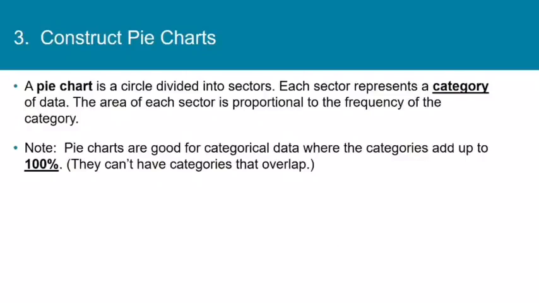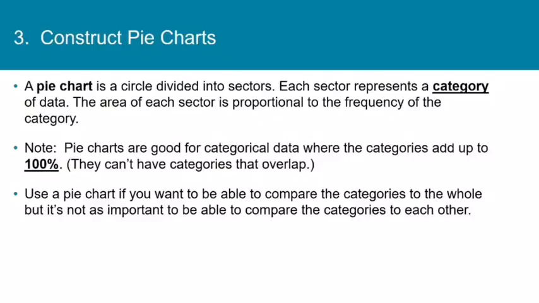You might have 80% say they would be willing to vote for candidate A, and 70% say they would be willing to vote for candidate B. Not that they plan to vote for them, because you can only plan to vote for one, but they might be willing to vote for more than one candidate, especially, you know how it is during primary season. So you need to only use pie charts when the categories are going to add up to 100%.